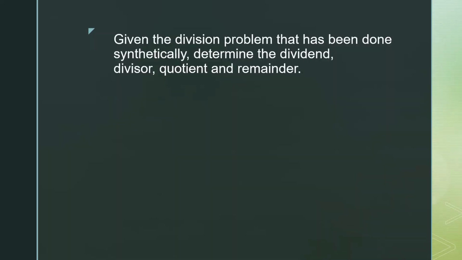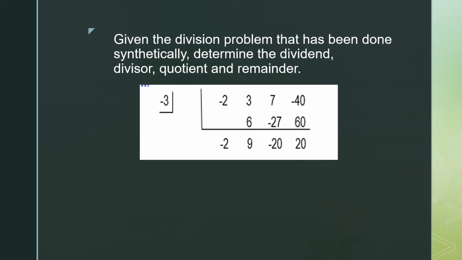Given the division problem that has been done synthetically, determine the dividend, divisor, quotient, and remainder. What is the dividend? The dividend is negative 2x cubed plus 3x squared plus 7x minus 40.